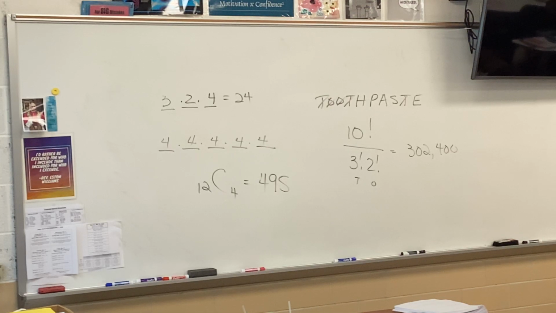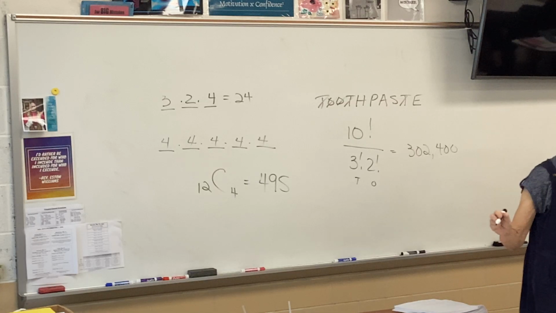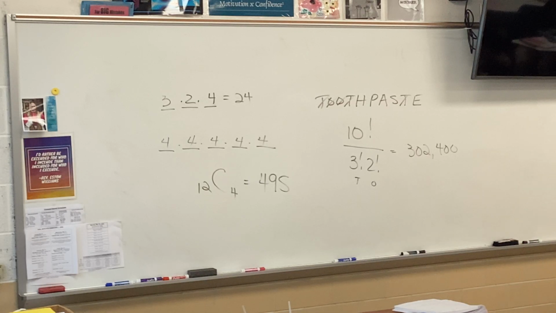If the table were rectangular, it would still be the same. It doesn't matter. We're not in a line. Anything that's not a line, if we're not in a line, it's 1 less factorial.